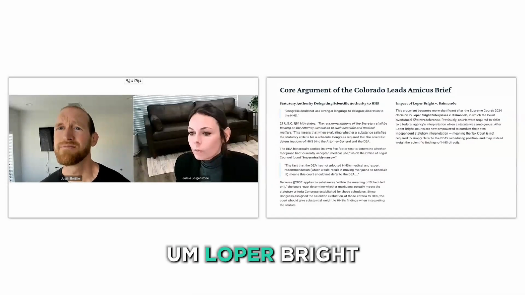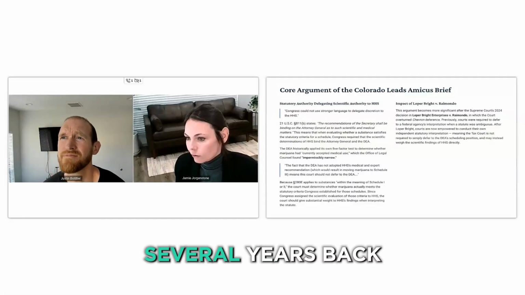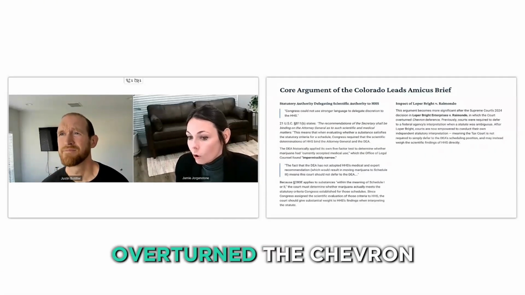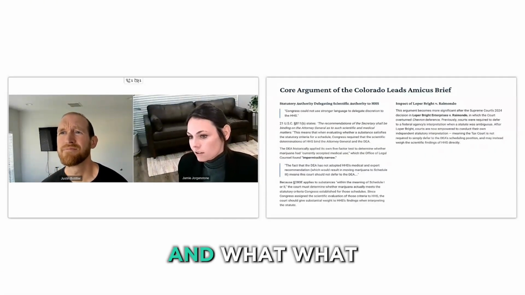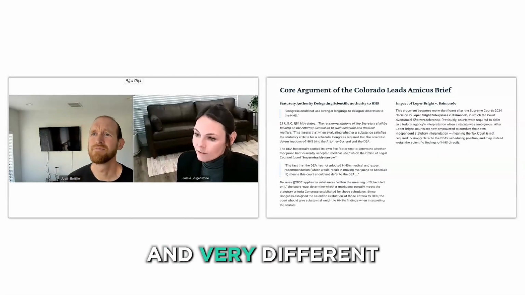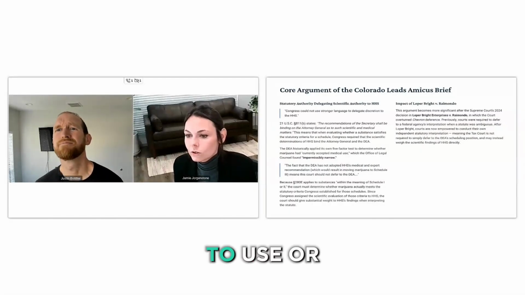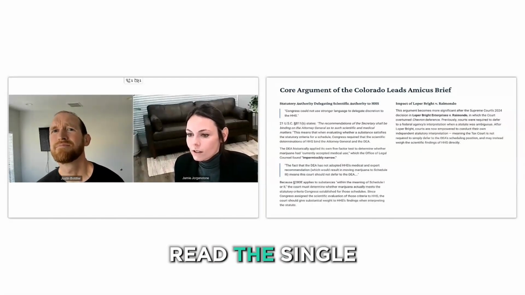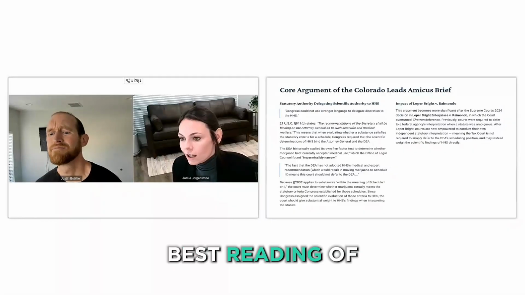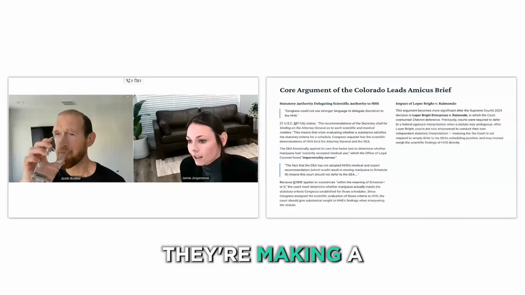The Loper Bright decision several years back overturned the Chevron deference. What it replaced it with is similar in some ways and very different in others. Now the courts have a requirement to read the single best reading of a statute when they're making a decision.